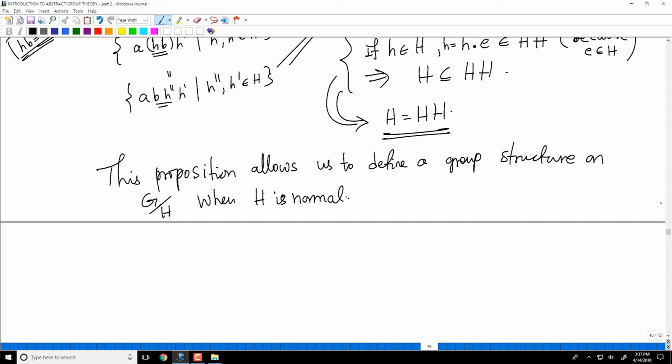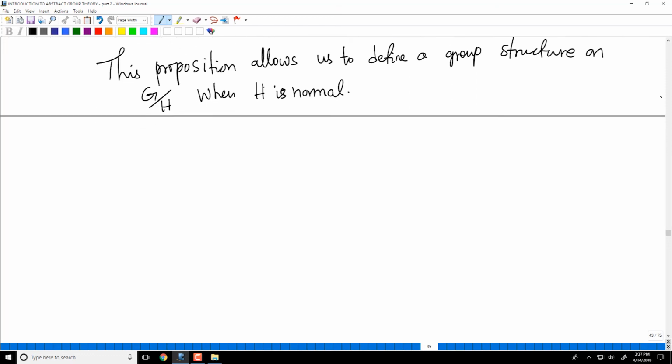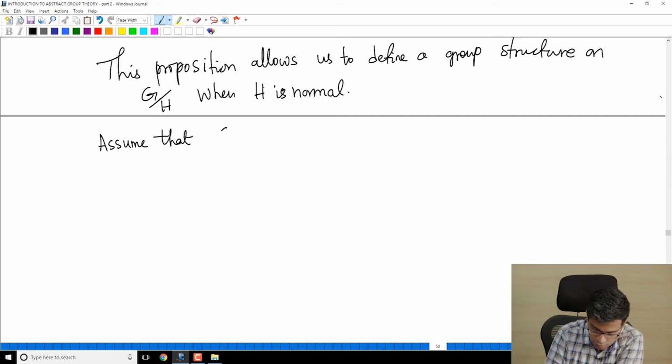Okay, it turns out that there is no natural way to define a group structure on G mod H when H is not normal. This can only be done when H is normal. So what is the group structure? From now on, assume that G is a group and H is a normal subgroup.